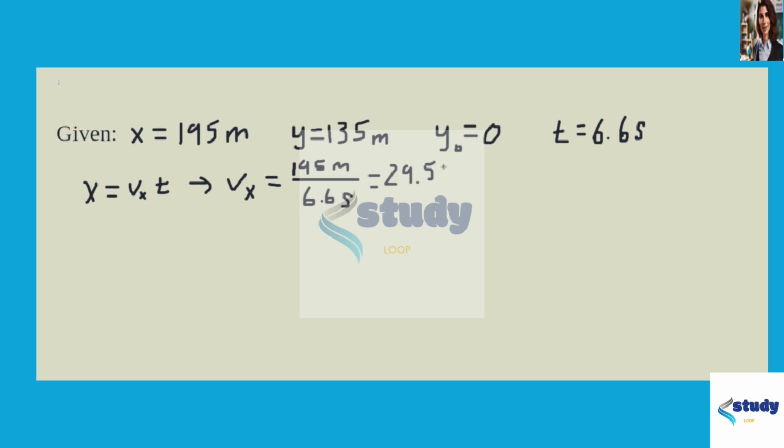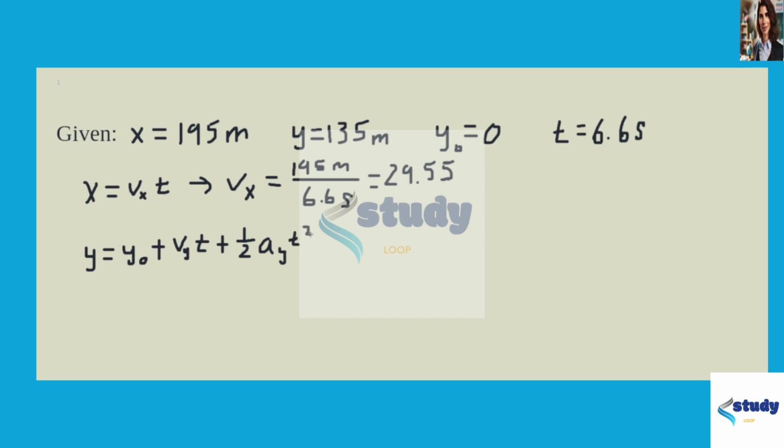Okay, so we know v of x. Now let's see if we can find v of y. Well, we can use our equation for the height of the projectile: y is equal to the initial height, y naught, plus the velocity in the y direction times the time it travels, plus 1/2 the acceleration in the y direction times the time it travels squared.